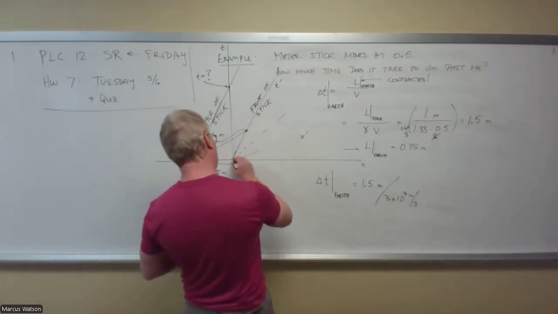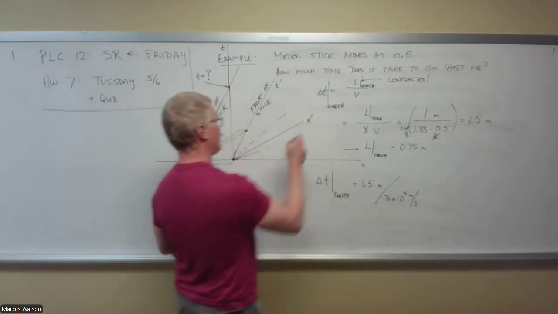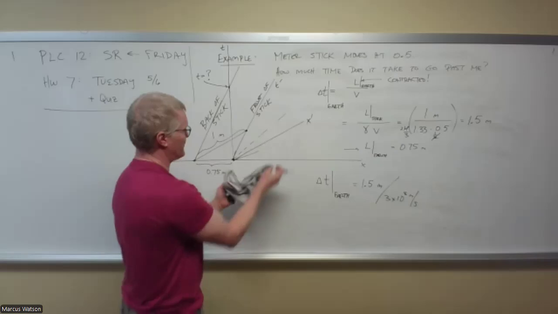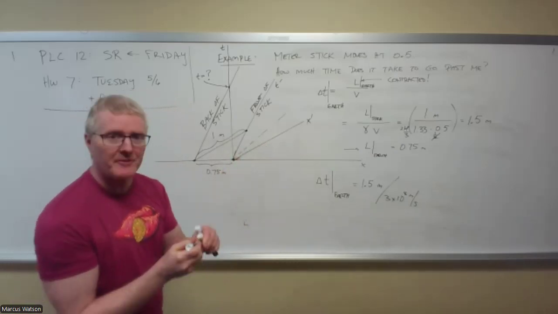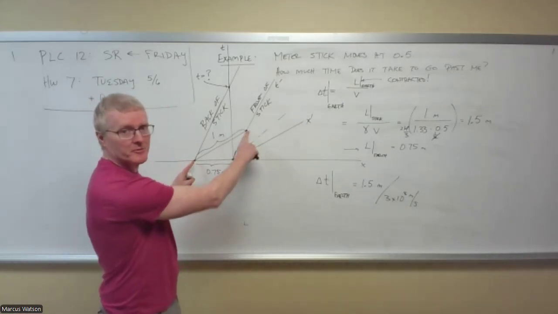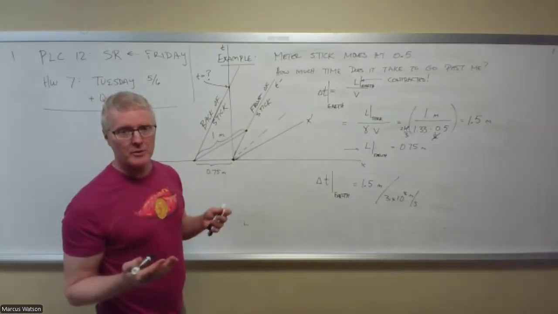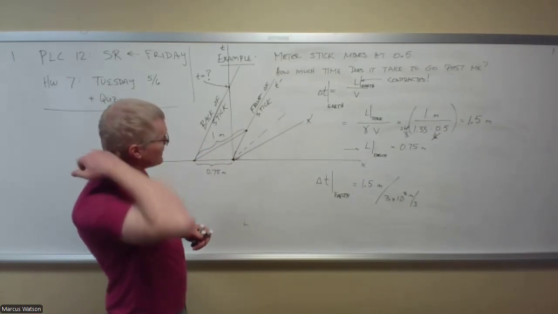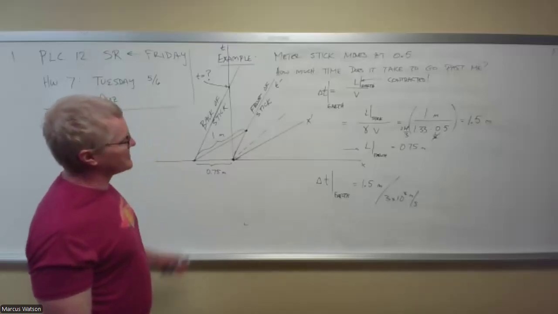It's going to look like that. Okay, maybe it's like this. This is the X prime frame. I'm trying to make this parallel with the space axis for the meter stick, such that what's happening is simultaneous things at the front and back. It's taking a simultaneous measurement front and back, and we know simultaneity is always parallel with the space axis. Okay. Alrighty. So how much time does it take to go past?